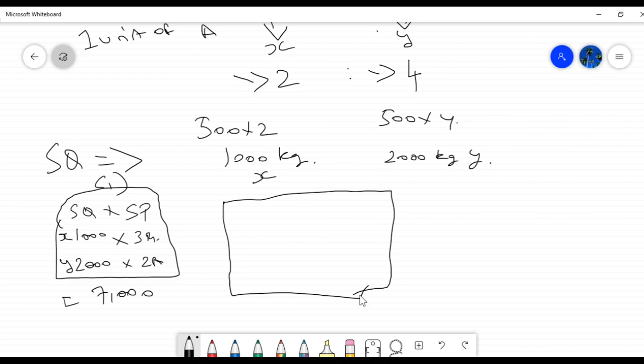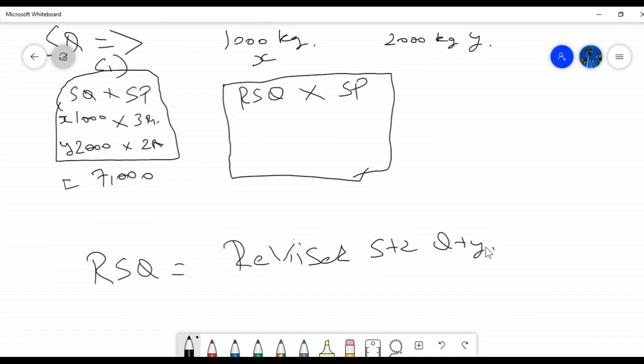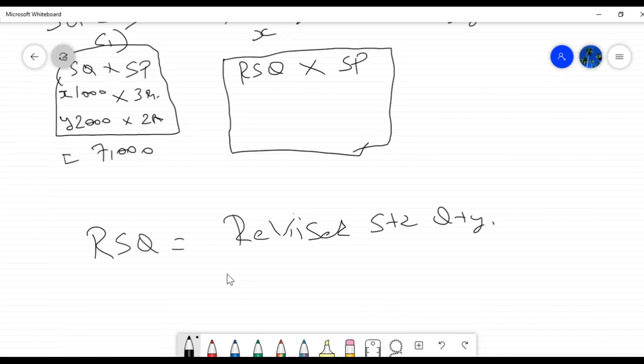How to identify this? Revised standard quantity is nothing but standard mix for actual quantity used.